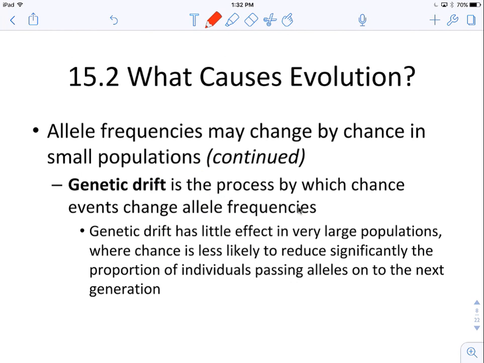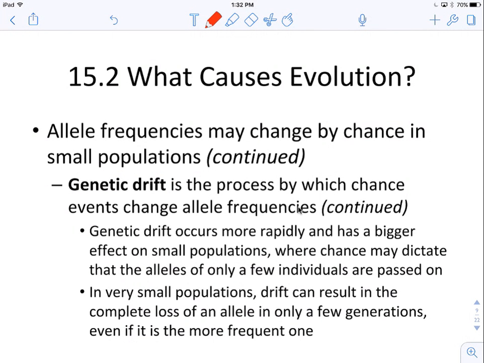When these allele frequencies change by completely random chance, this is called genetic drift. Genetic drift doesn't really have an effect on large populations. It only has an effect on smaller populations.